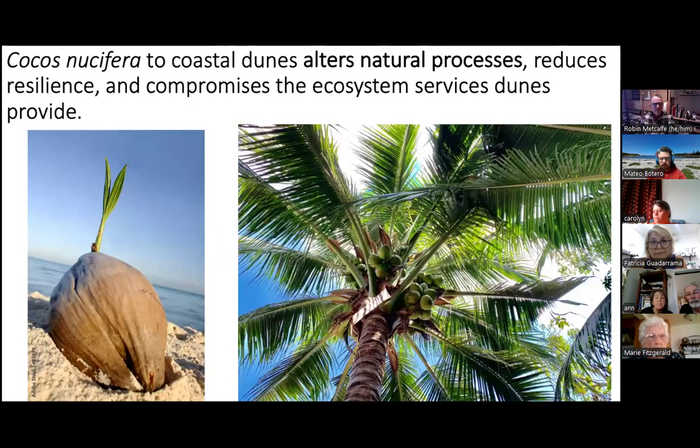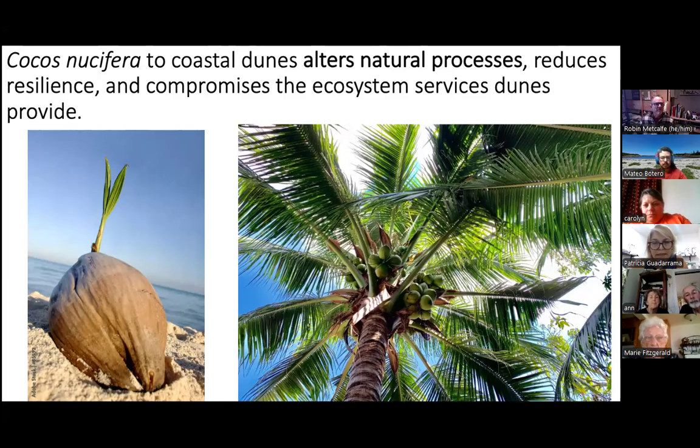Another non-native species is Cocos nucifera. It is an Asian species. It alters natural processes, reduces resilience, and compromises the ecosystem services the dunes provide.